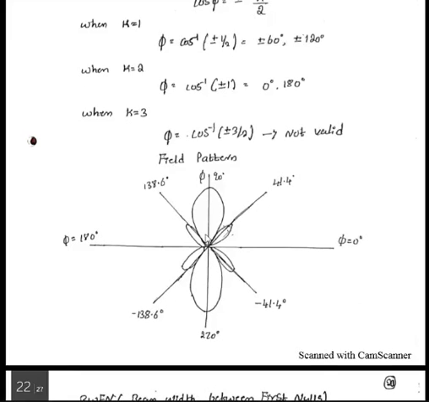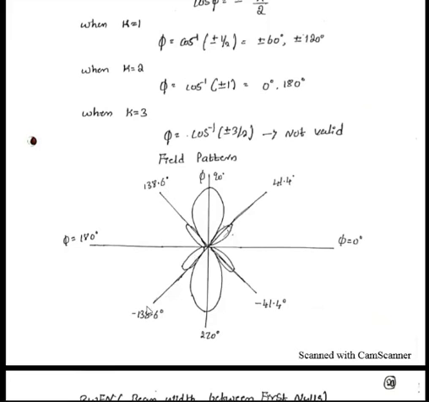You can see this in this particular figure. This is phi is equal to 90 degree, where we have the maximum radiation, or max beam direction. On the right side of this is pattern maxima at 41.4 degree, and on the left side you also have pattern maxima at 138.6 degree.